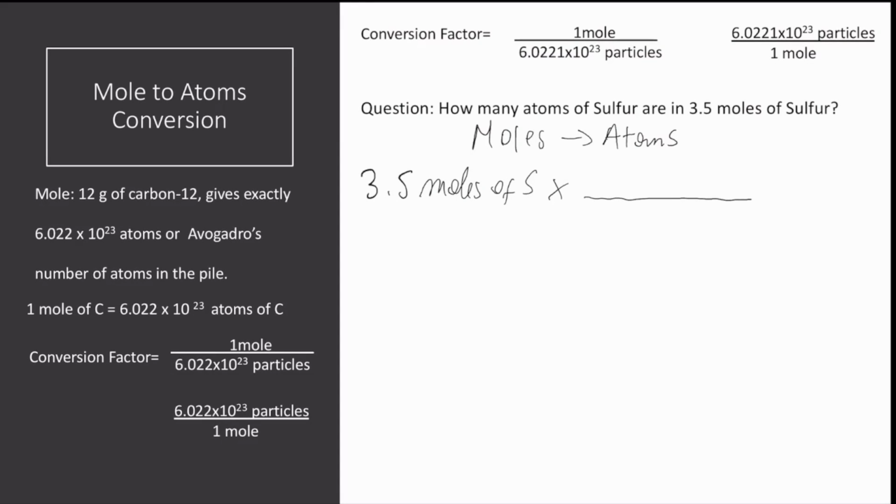And then to find the number of atoms of sulfur, we multiply by the conversion factor that has moles in the opposite direction as here. So in this case, it would be this one. So we have for every 1 mole of sulfur, we have this many atoms of sulfur.